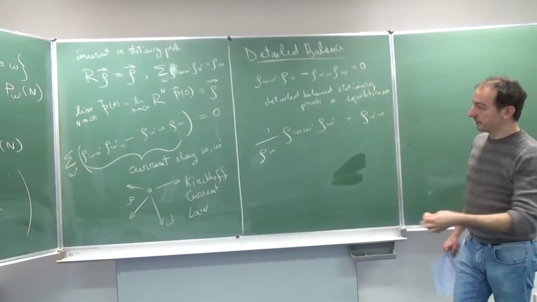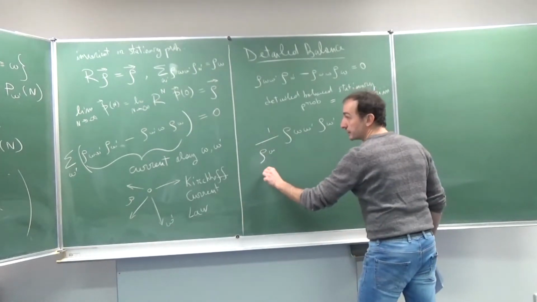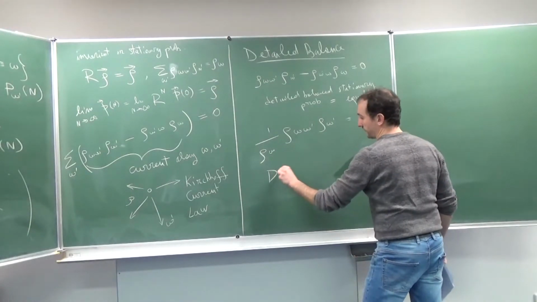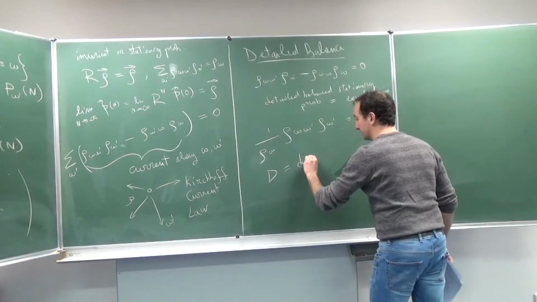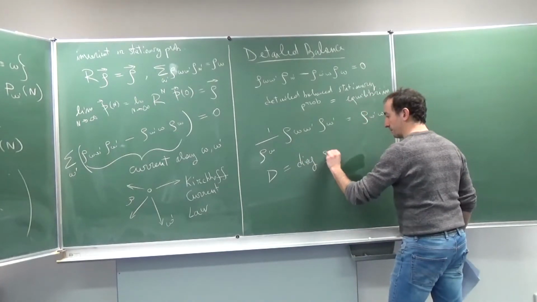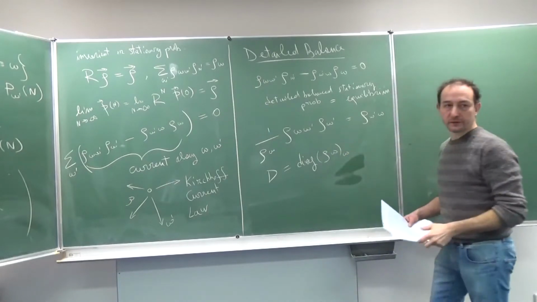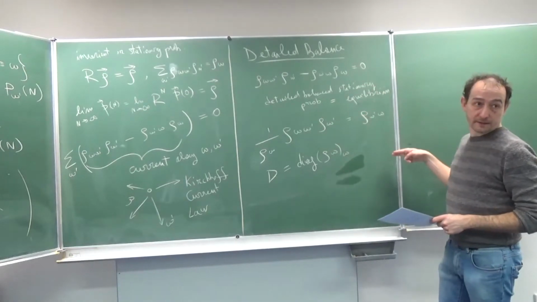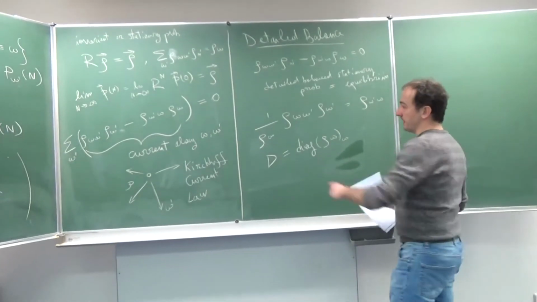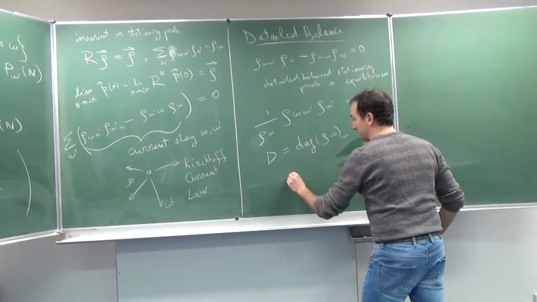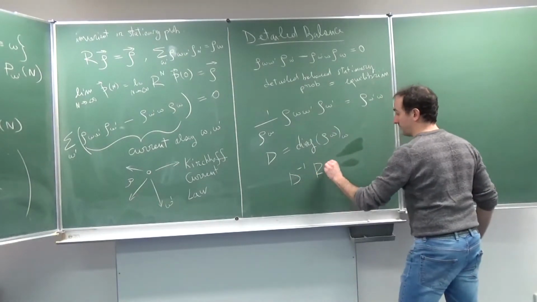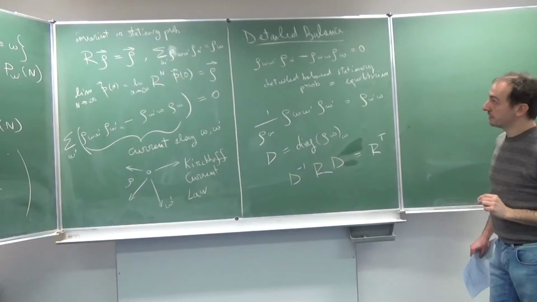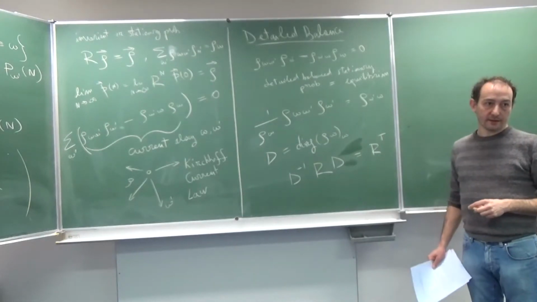And this we can write in matrix form. Let me introduce the matrix D, equal to the diagonal of rho omega. So I put the stationary state probabilities on the diagonal of a matrix. And now this writes D minus 1 R D equal R transpose. So this is another way to write detailed balance.